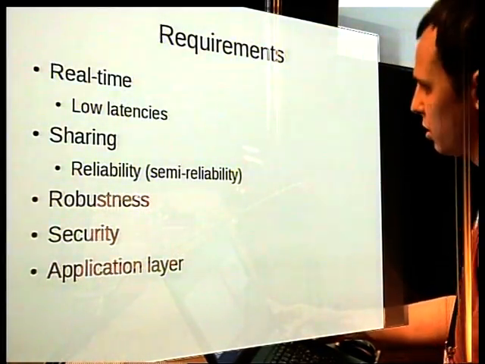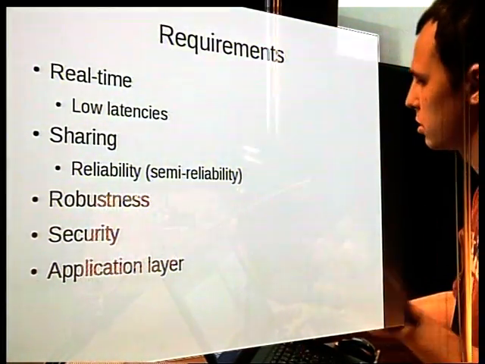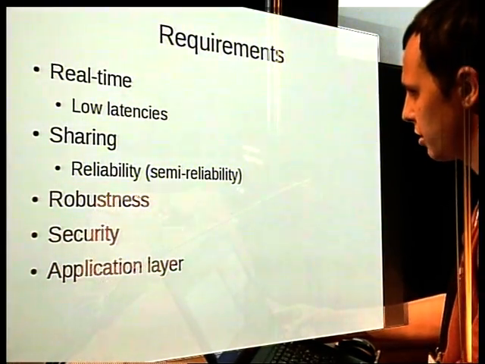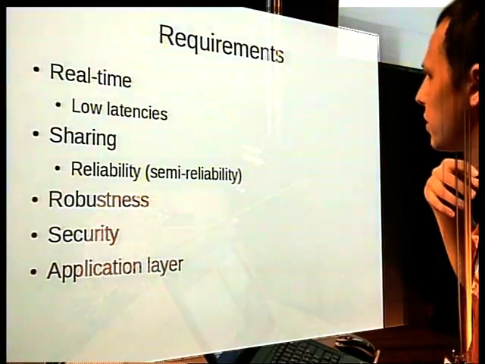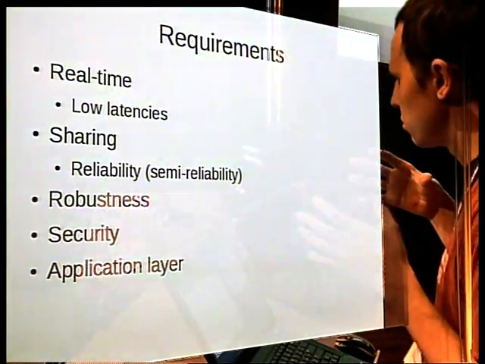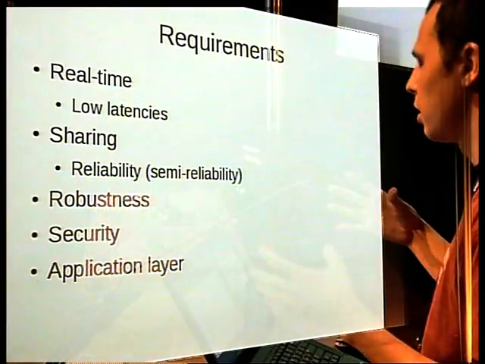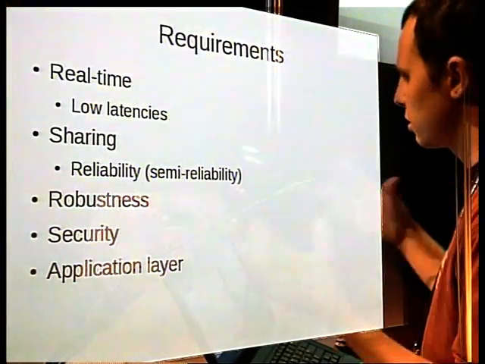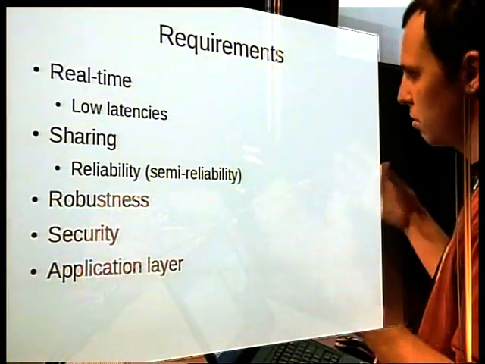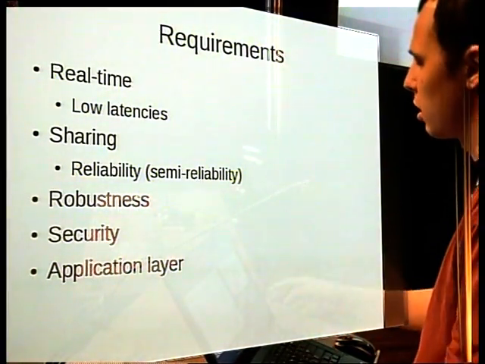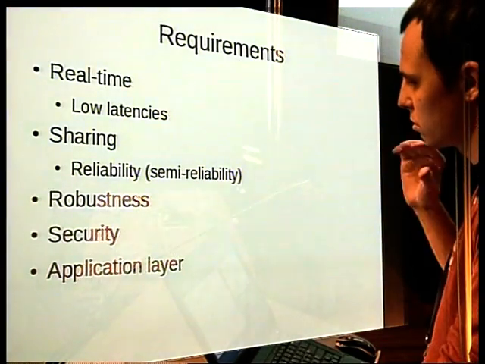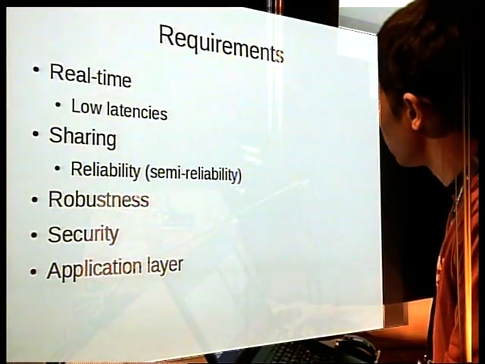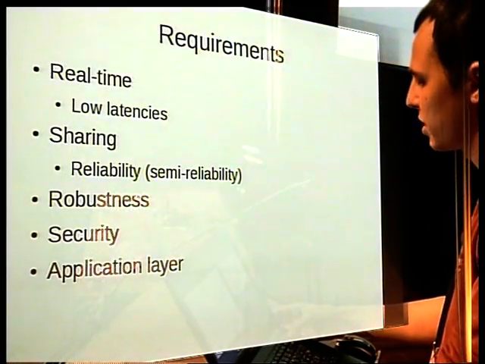This protocol has to be robust. It is an important part, very important part. Security, because when we want to share some data on a server, then we have to authenticate, and when we send a username and password, then we have to send it in a secret channel. And of course, it is a protocol of the application layer.